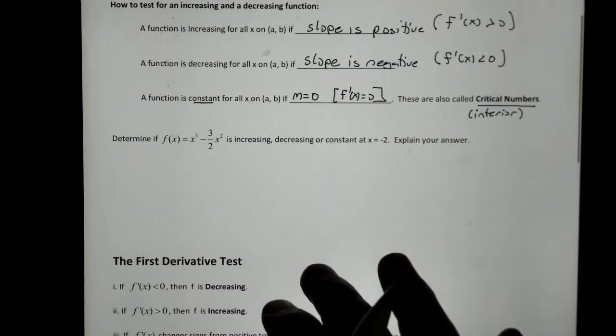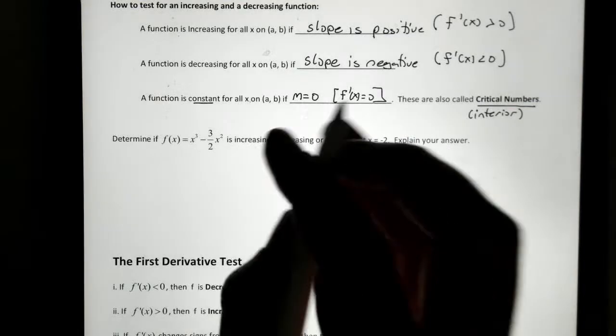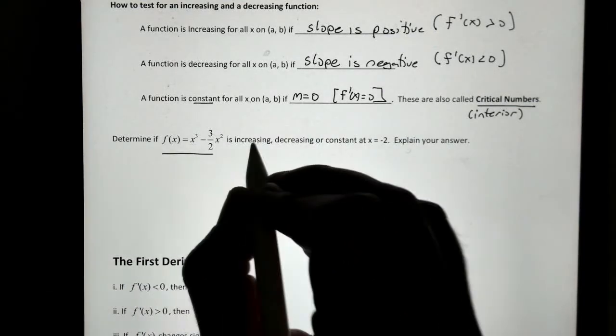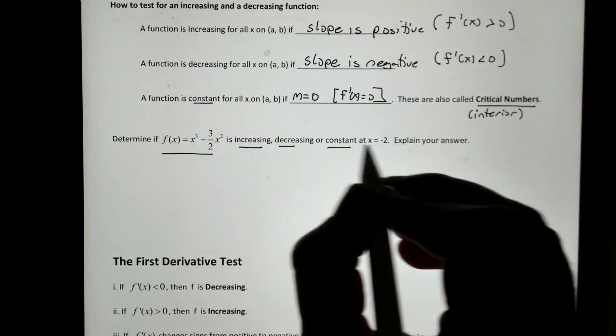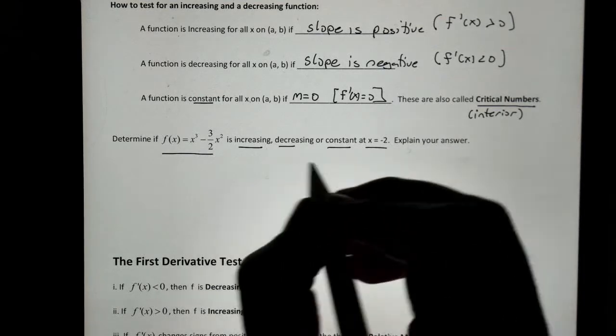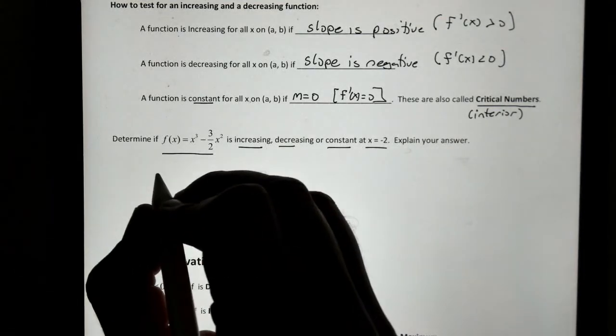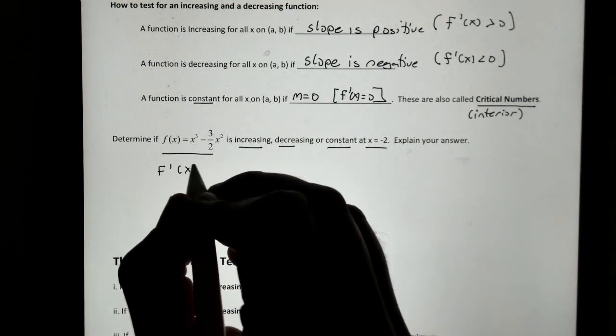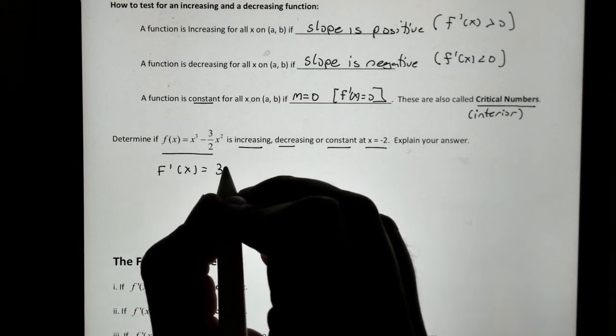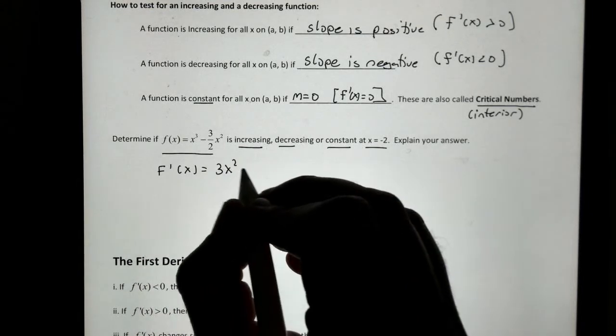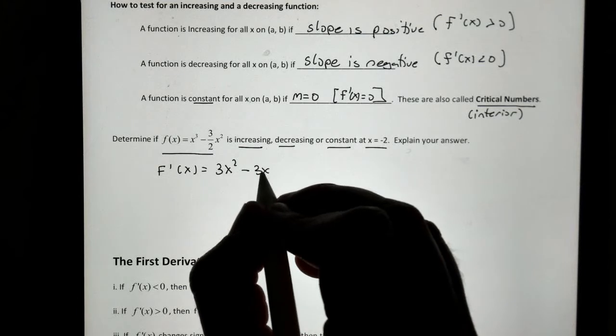So let's take a look at the first function here. We want to determine if this function is increasing, decreasing, or constant at x equals negative 2. So I have to take the derivative. Taking the first derivative, we get 3x squared minus 3x.